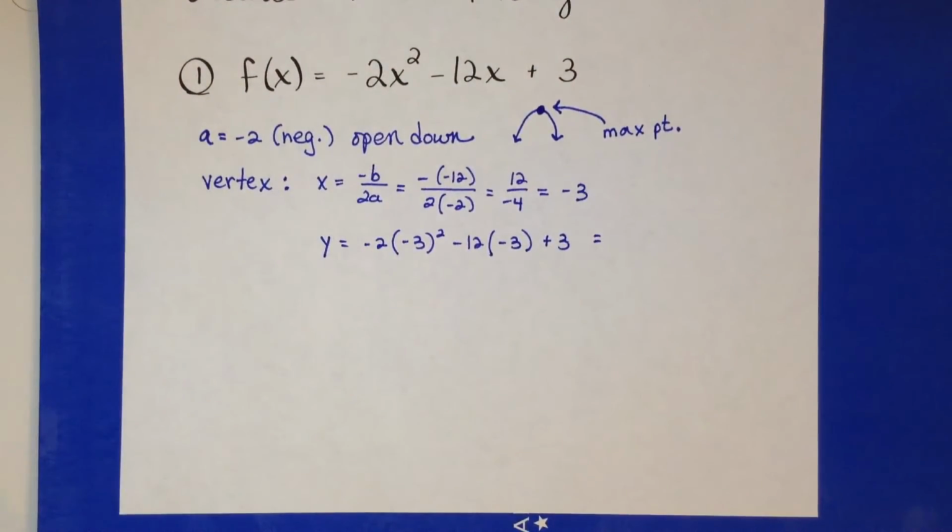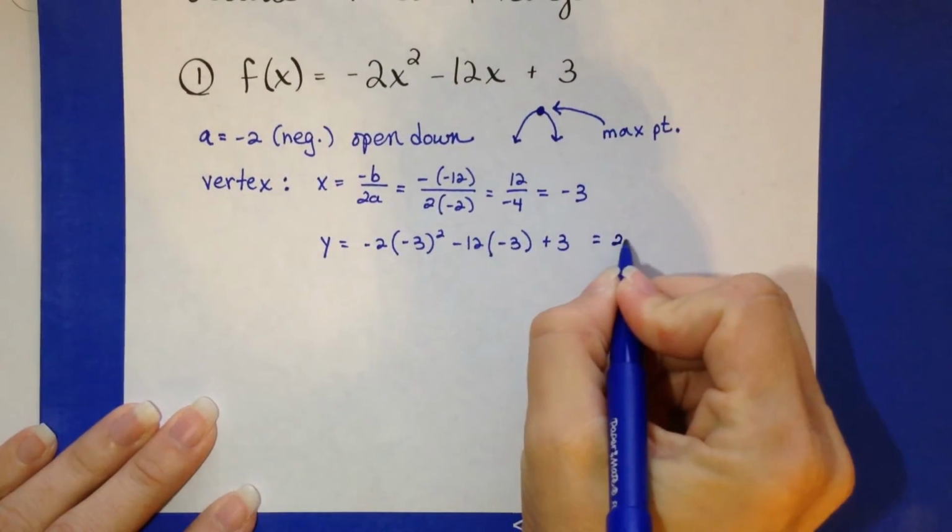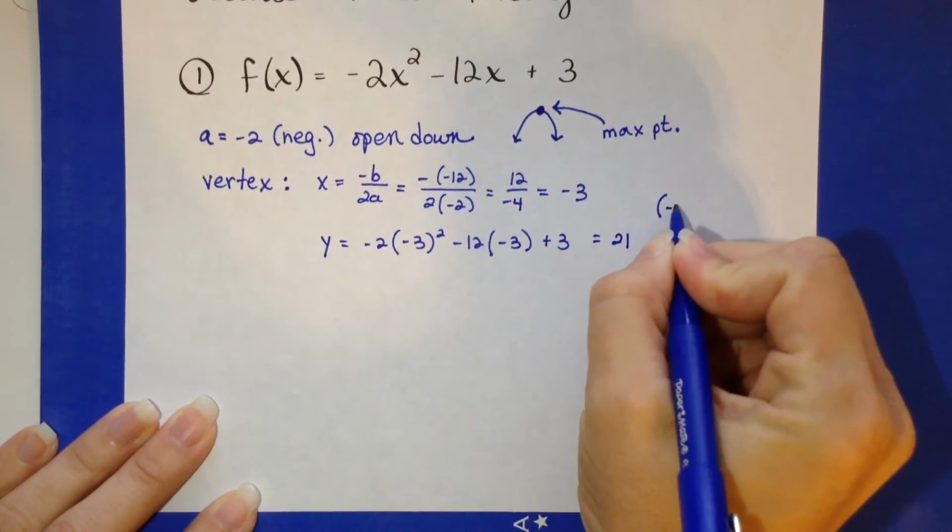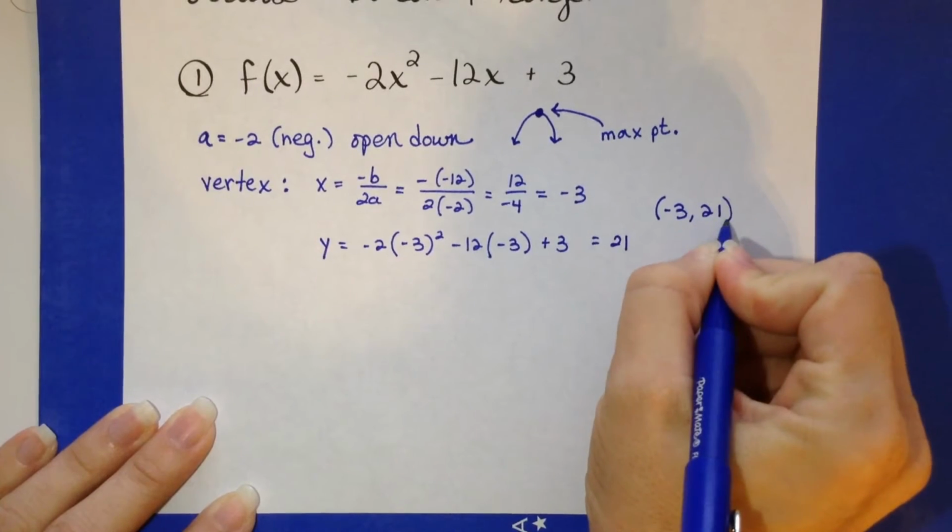Okay, so let's do our calculations here. Let's see, we're going to end up with 21, if I did my calculations correctly. Alright, so my vertex is the point -3, 21.